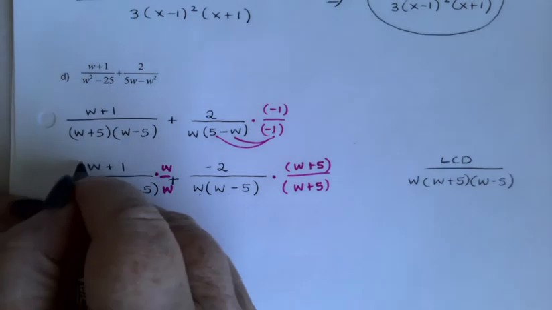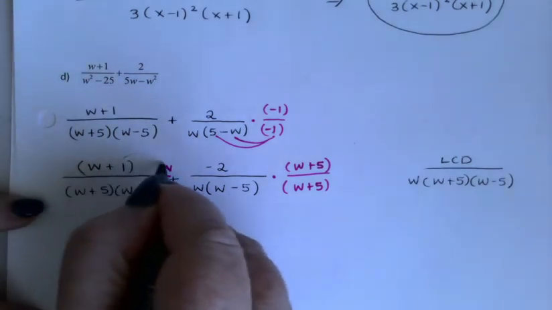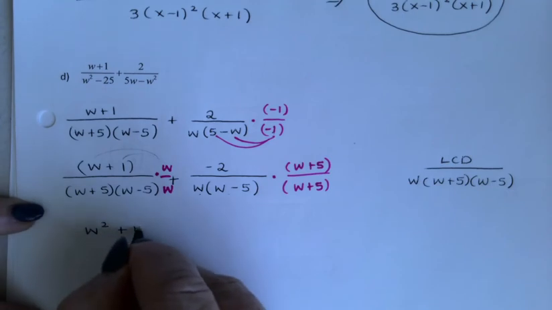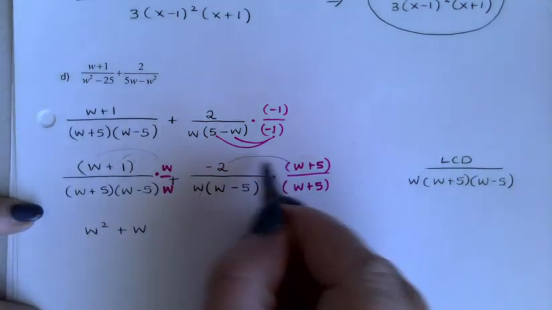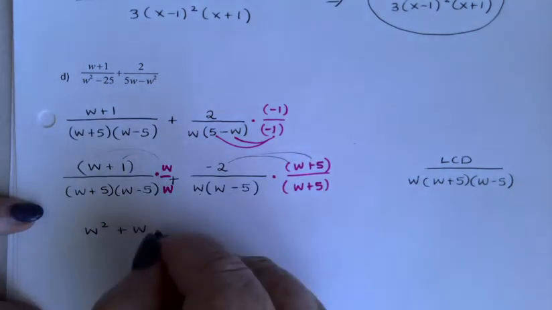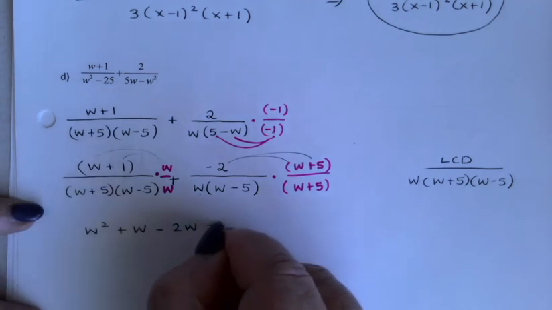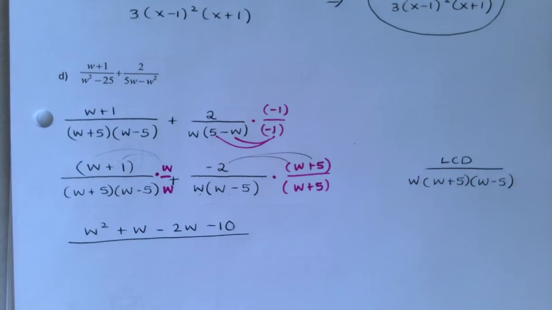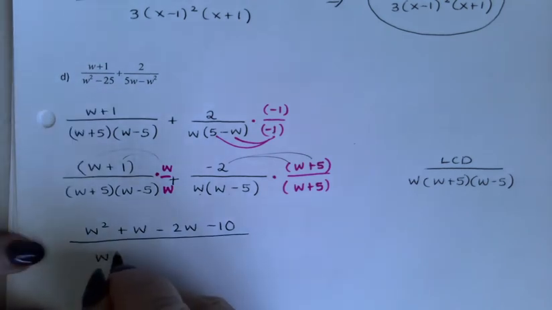And let's see, I'm going to go ahead and put parentheses here because I do have to distribute. I'll have w squared plus w. And I'll distribute there. Minus 2w minus 10. And I can now put that all as one fraction with my common denominator.